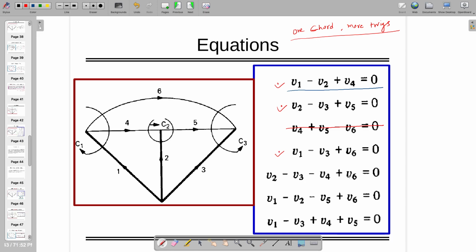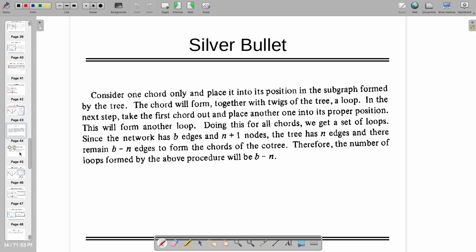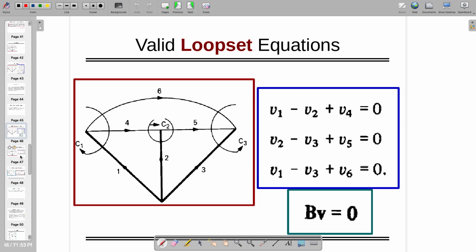In the case of V4 and V6, there are 2 chords, so we are not going to consider this one. Similarly for these two, no. So you are going to have only these 3, which have 2 twigs or maybe more and 1 chord.